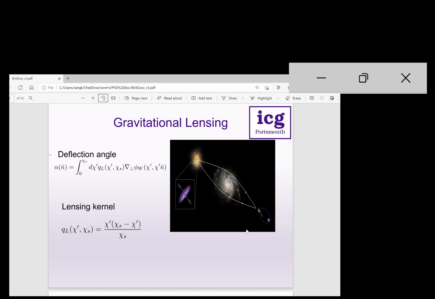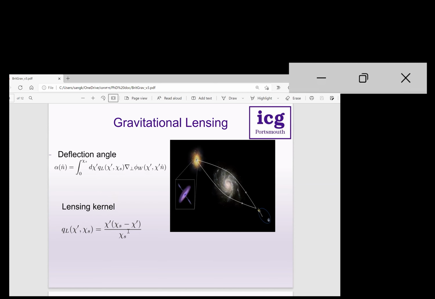For the lensing effect, we have the deflection angle, which can be described by this equation. From this equation, you can see in the lensing kernel that you expect a long wavelength effect, because it contains the comoving distance to the image source chi s here.